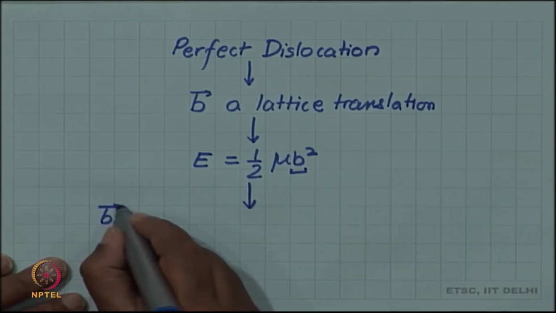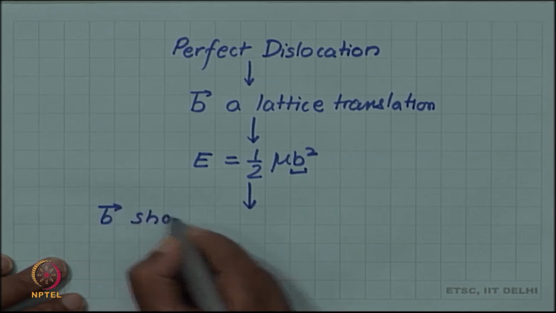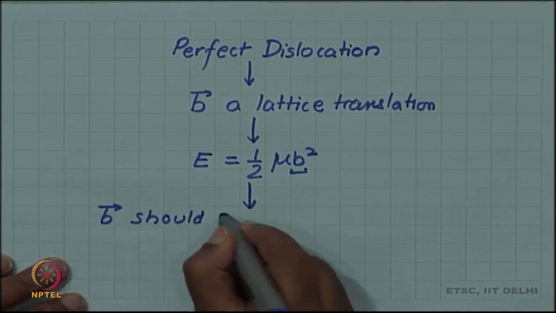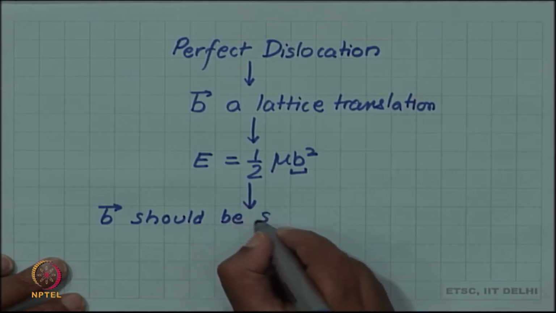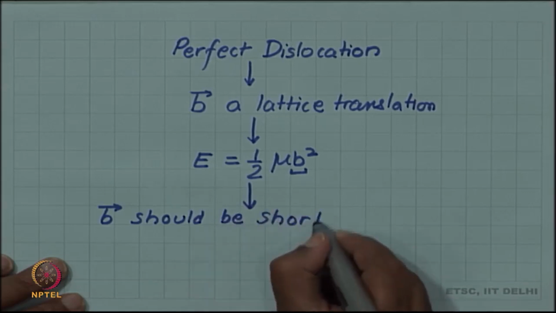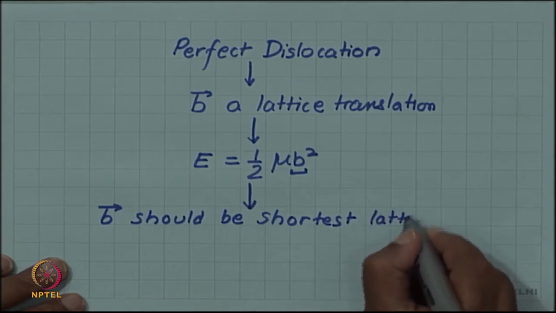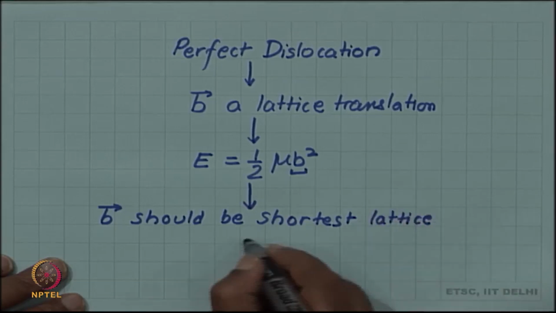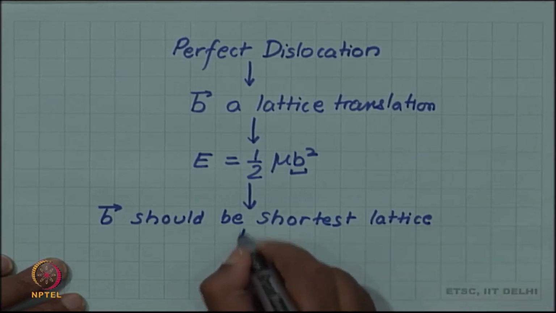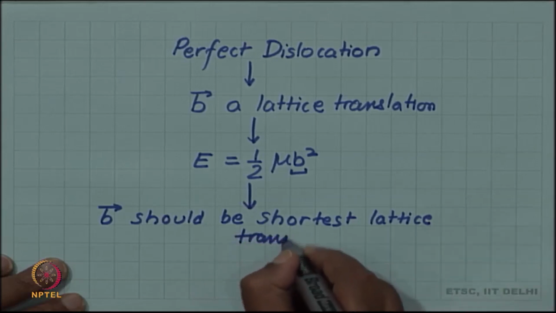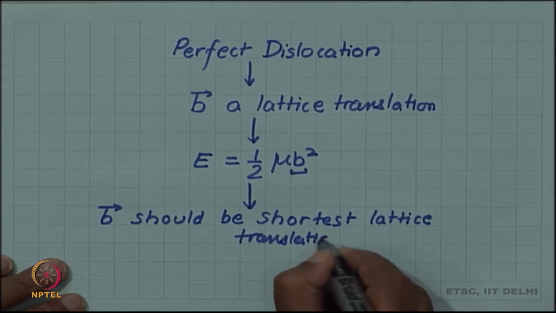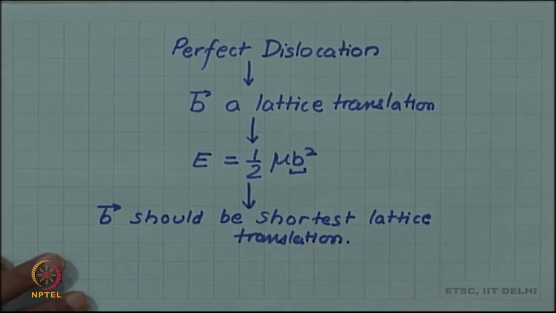So, B should be the shortest lattice translation.